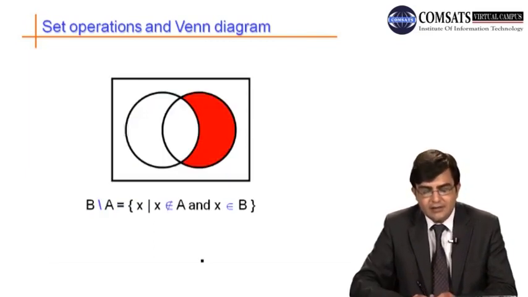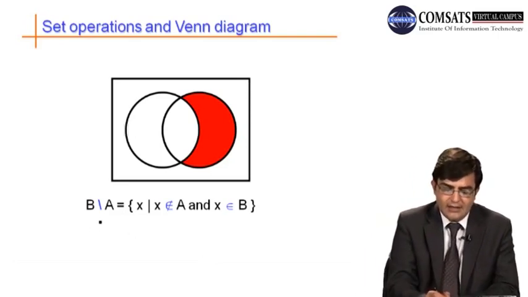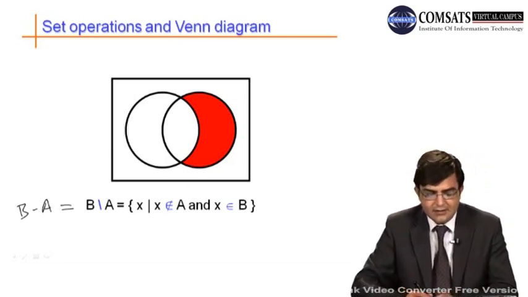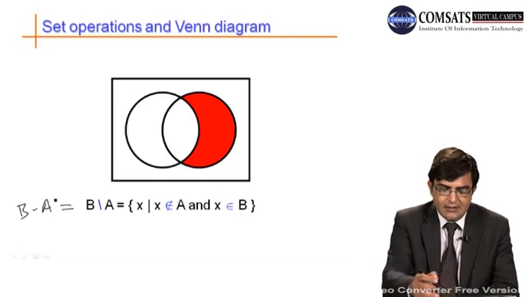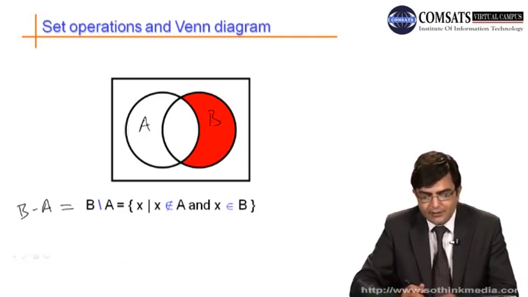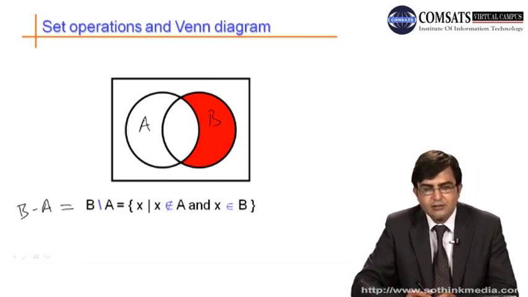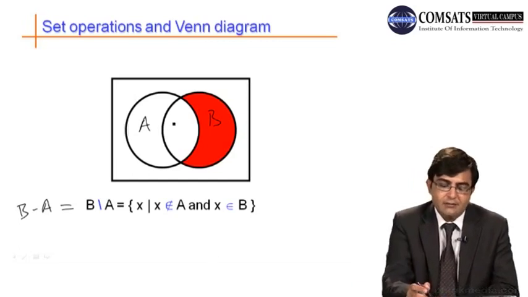Now, what is the difference of two sets? How can we express the difference of two sets using a Venn diagram? This is B minus A. We can express B minus A like this. If this set is B and this set is A, and we subtract A from B, then all the elements of B which are also in A will be eliminated from this set, and we are left only with this set.